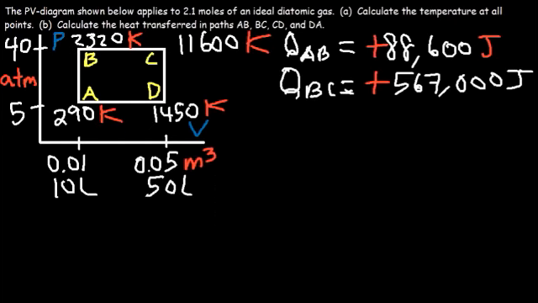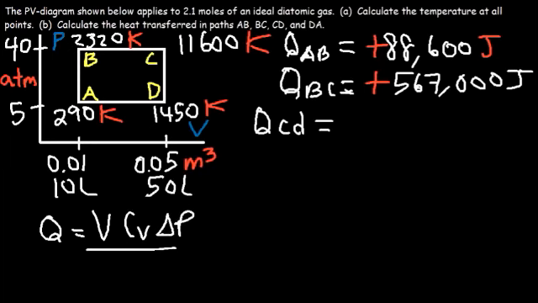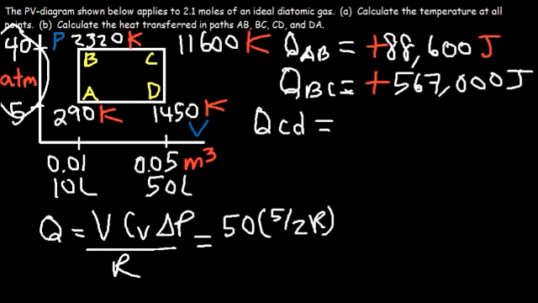Now let's calculate QCD. This time, let's use a different equation. We have another isochoric process, but instead of using the nCv delta T equation, let's use V Cv delta P divided by R. The volume is 50 liters. Cv for diatomic gas is 5 over 2 times R. The change in pressure is negative 35.